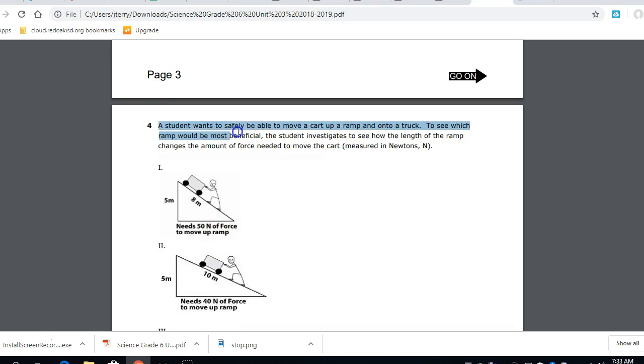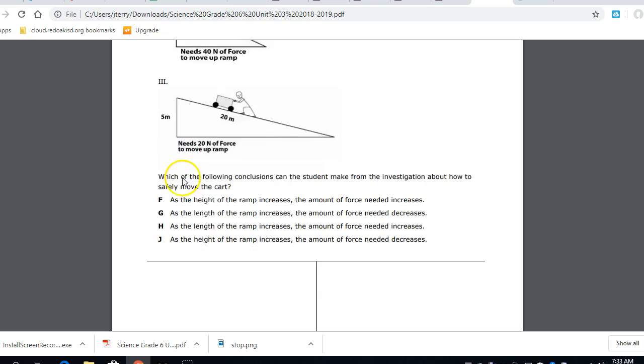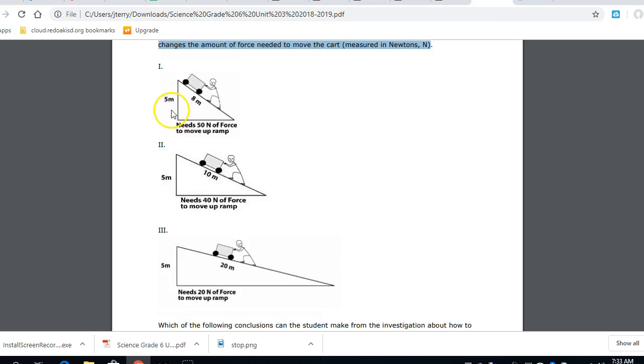Number 4, a student wants to safely be able to move a cart up a ramp and onto a truck. To see which ramp would be most beneficial, the student investigates to see how the length of the ramp changes the amount of force needed to move the cart. This is measured in newtons. So we have these options.